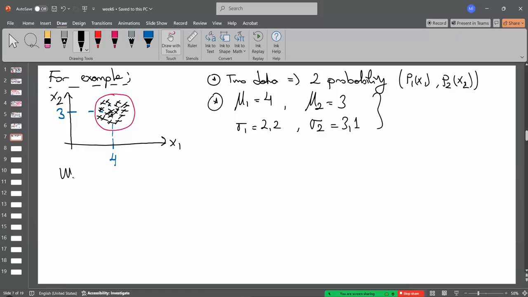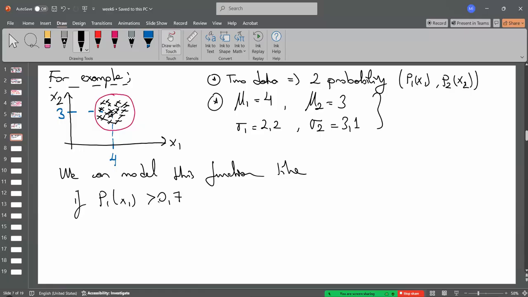Okay, and so we can model this function like its properties. If p1 x1 is greater than 0.7, then it's around the mean value of x1, and p2 x2 greater than 0.7, and so that's it. You can conclude that, for example, this is the Mehmet.